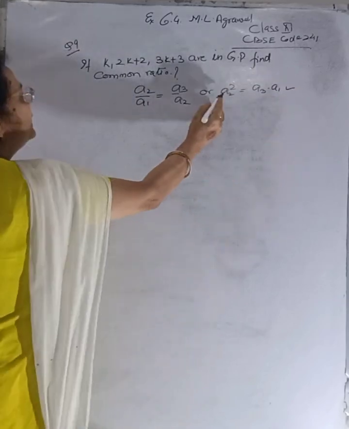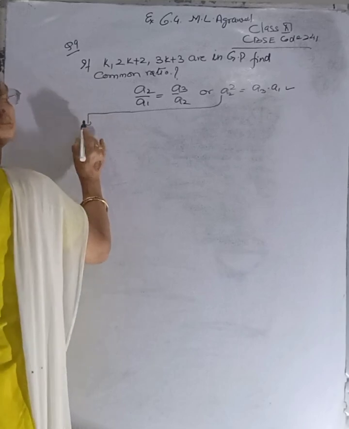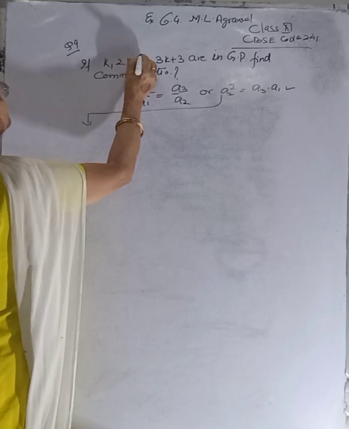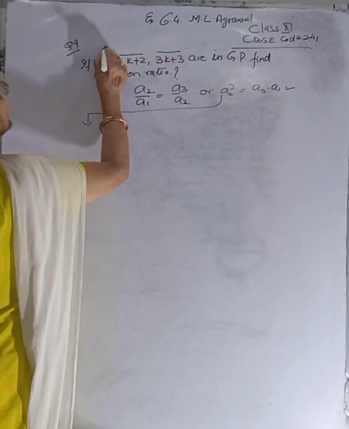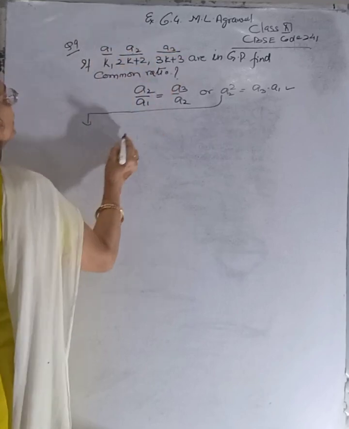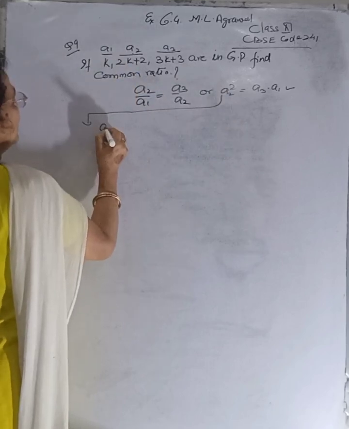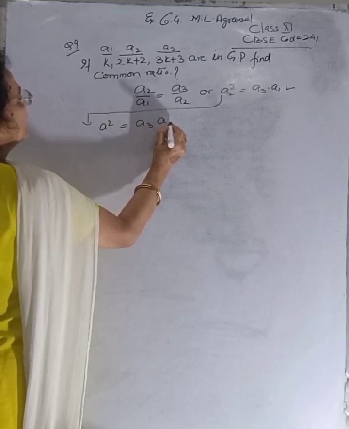Putting these values in this equation, we have A1, A2 and A3. Now A2 square will be equal to A3 into A1.